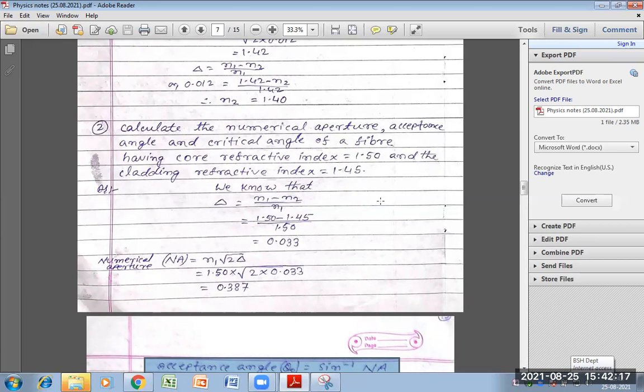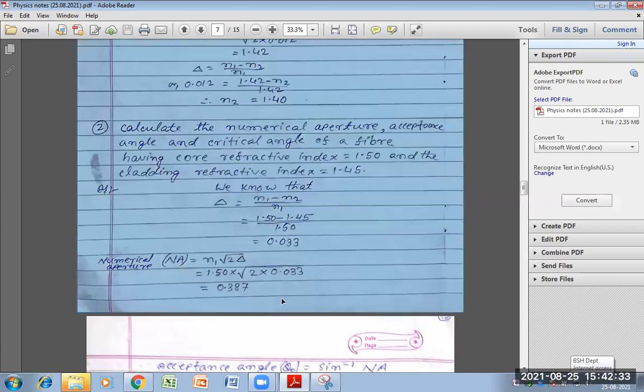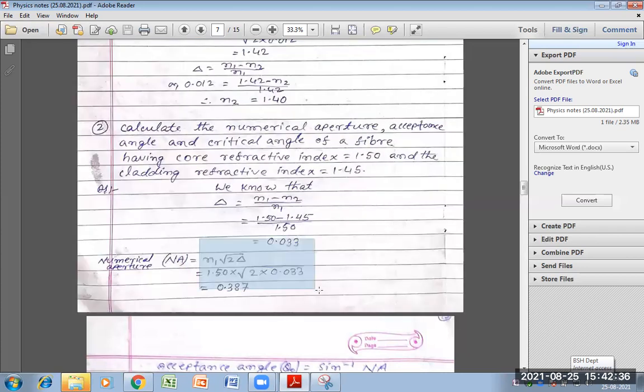तो numerical aperture is equal to, हम लोगों को मालूम है होता क्या है, ये numerical aperture is equal to n1 root under √2 into delta, ये होता है। अभी n1 हमको मालूम है, रिफ्रैक्टिव इंडेक्स ऑफ कोर ये हमको मालूम है, ये पार्ट n1 यहाँ पर दिया हुआ है, कोर का रिफ्रैक्टिव इंडेक्स 1.50। लेकिन यहाँ डेल्टा, ये डेल्टा मेरा दिया हुआ नहीं है, रिफ्रैक्टिव इंडेक्स चेंज नहीं मालूम है। तो first we have to calculate the refractive index change. So we know that refractive index change is equal to n1 minus n2 divided by n1.